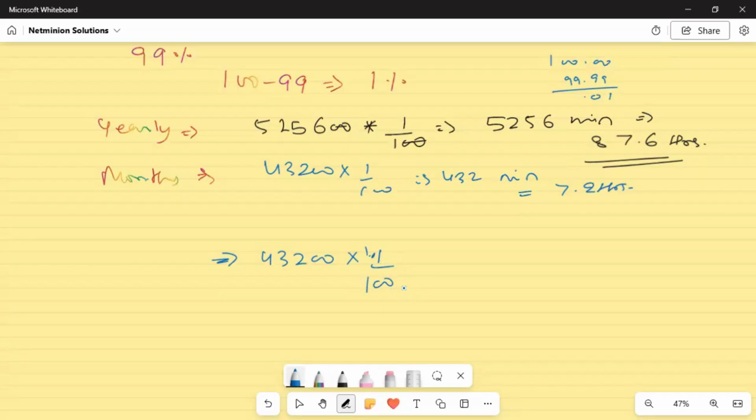Am I doing something wrong? It should be 0.1 only. And it will go like this: 43.2 minutes.